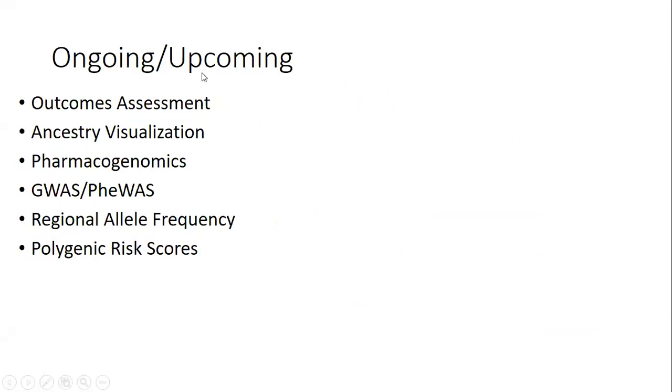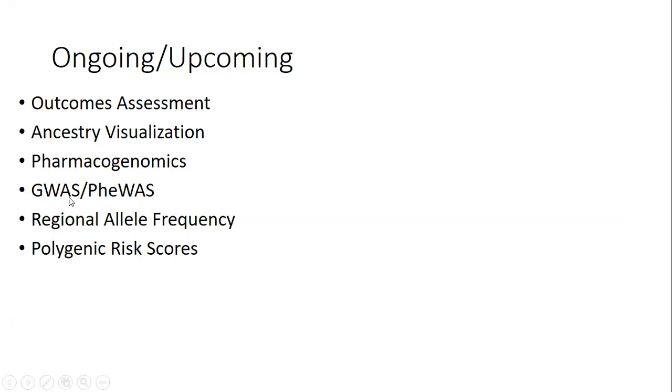And right now, we're working on an outcomes assessment. We've been surveying people to find out how useful this was to them. We've developed a way of using the data to help people get a glimpse of their continental ancestry. Some people are interested in that. We're talking about pharmacogenomic return of results.